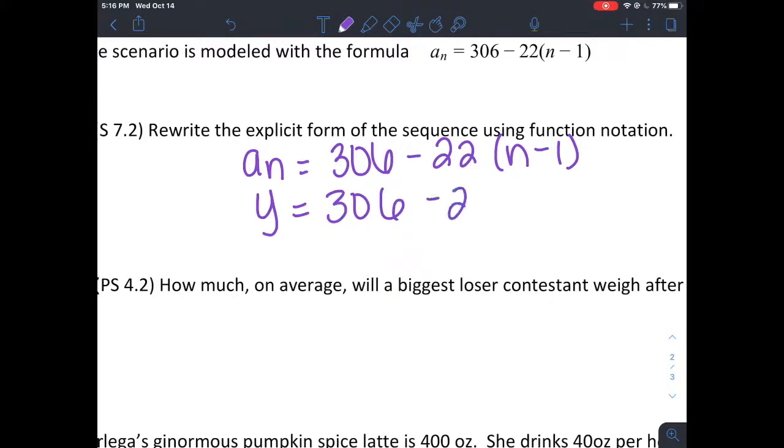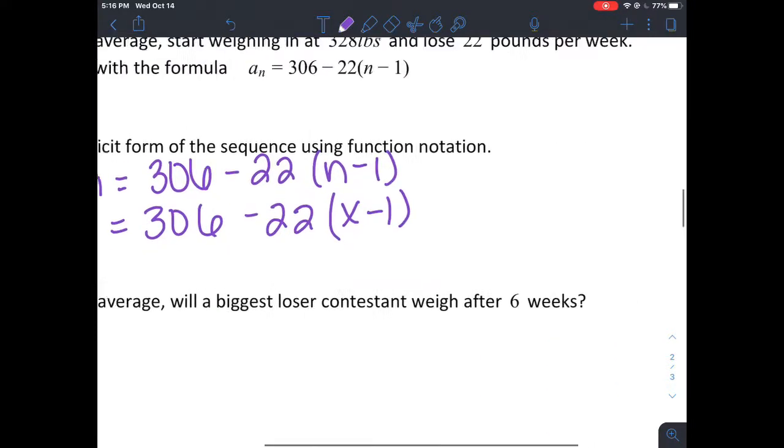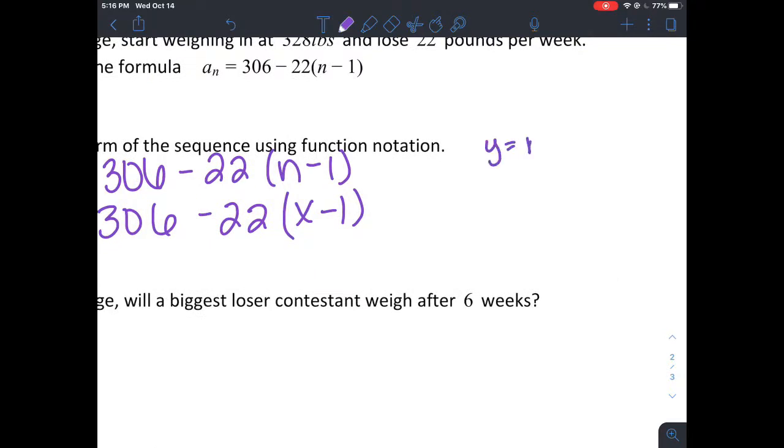y equals 306 minus 22. And I'm going to replace n with x, because I want it to eventually look like y equals mx plus b. And then from there, I'm going to go f of x equals mx plus b. But students typically in the past haven't really liked writing f of x. They view it as 2 different variables when it's all just one thing.